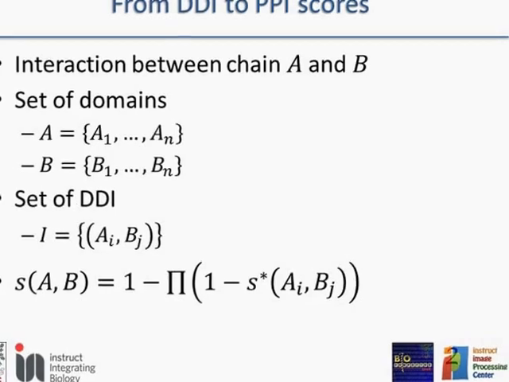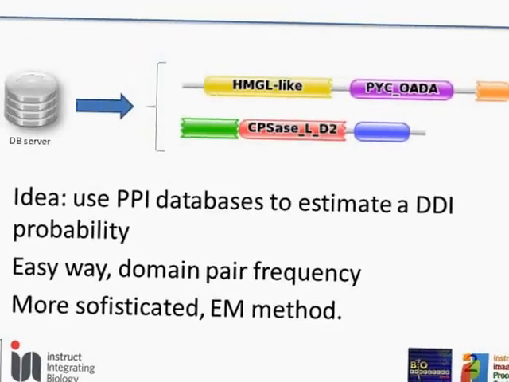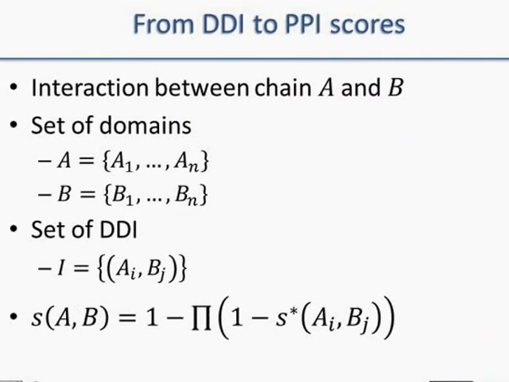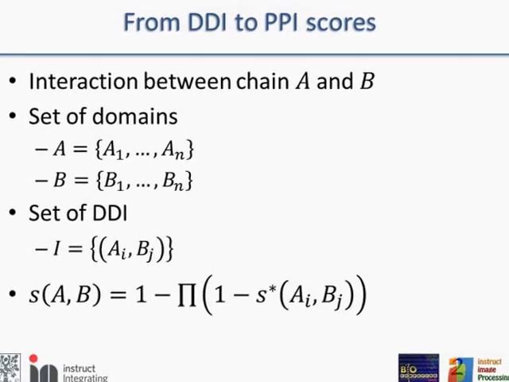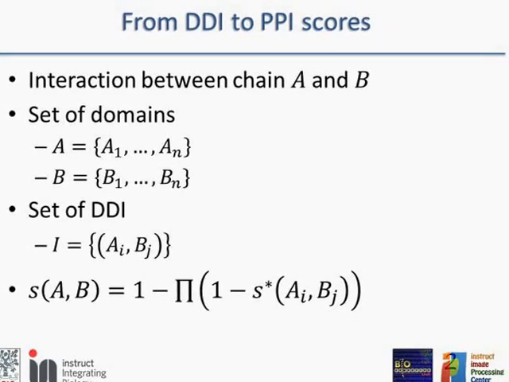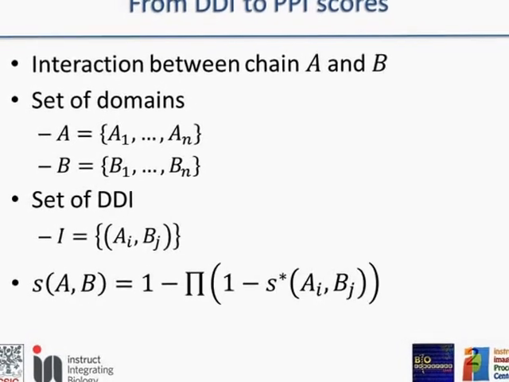I want to score the interaction between A and B using the interactions between the domains in A and the domains in B. So if A has these domains and B has these other domains, I want to finally compute a score based on the scores of the interaction between these domains. So how can I do that?